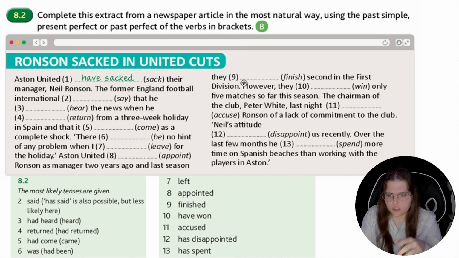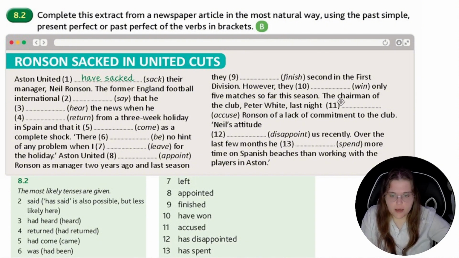They finished it just last season. We can see this phrase last season, and that is why we have to use past simple without any perfect, continuous, and so on. Division. Yes, I said it correctly.